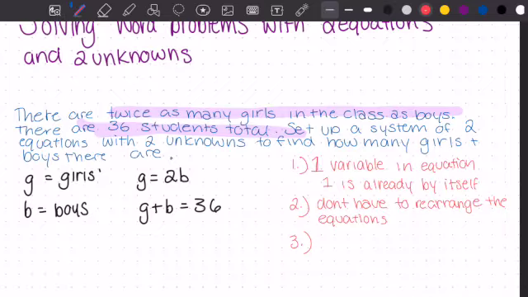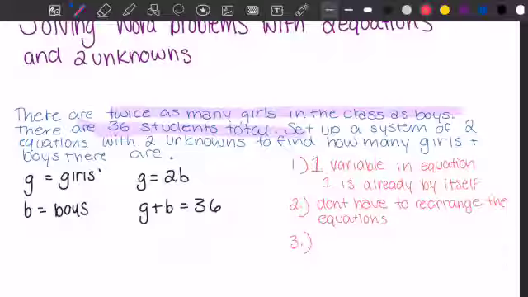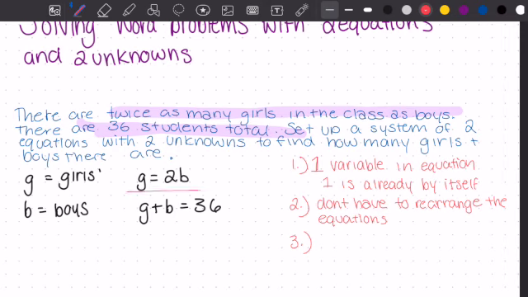Elimination would work here as well very nicely, because if I were to set these both equal to 0 and subtract them from each other, my G minus G would cancel out my girls. So elimination would also be easy, but because this G is already by itself, substitution is typically the method I would suggest we use for this one. However, you can use elimination as well.